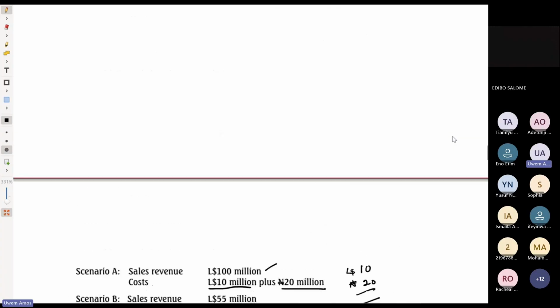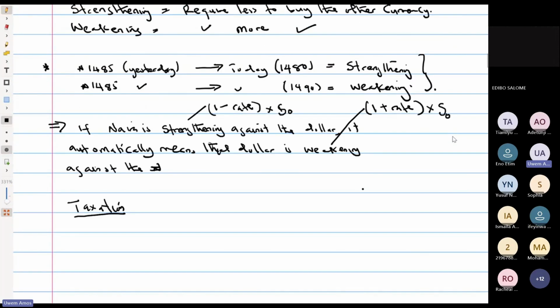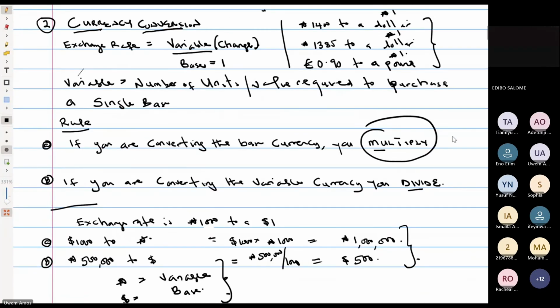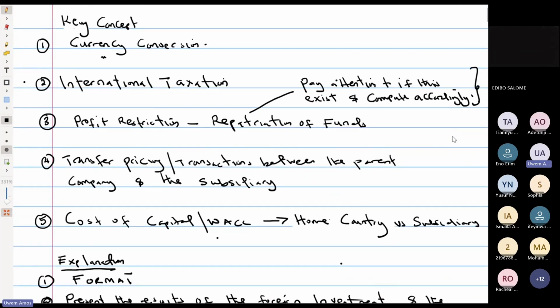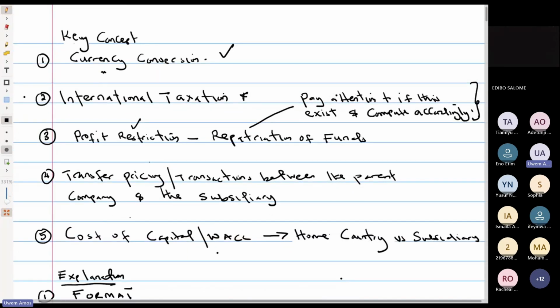So that in the next session, we are doing scenario B, and we're not explaining anything, we're just solving. We've explained currency conversion. We've not explained tax. We've explained repatriation. We've not explained transfer pricing, so we'll explain those other ones next week.